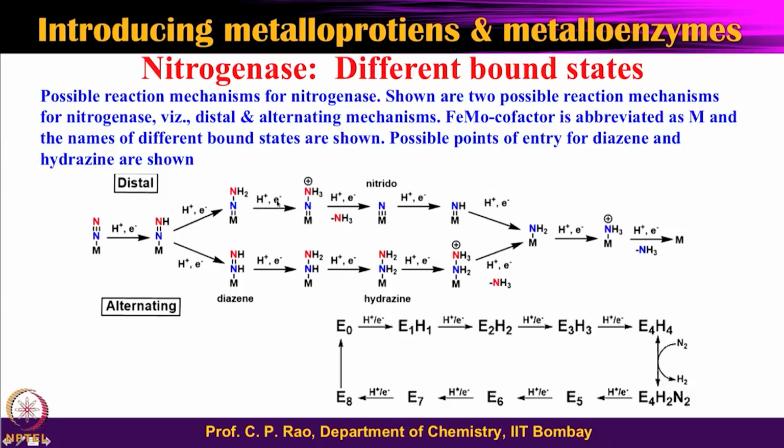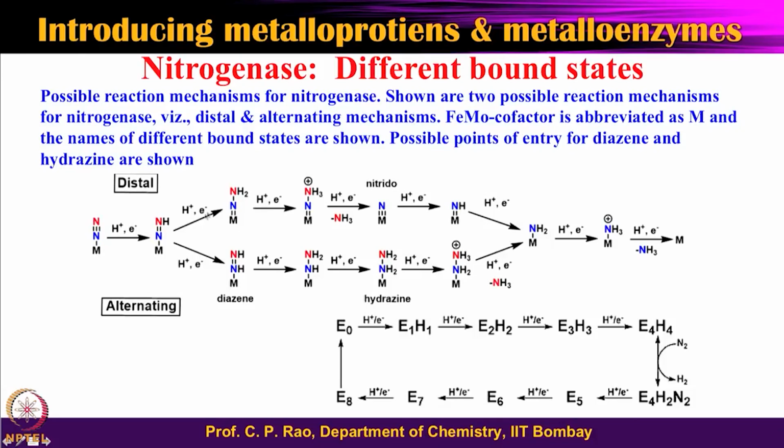Now one more electron and proton will add to this and make NH3, and this NH3 can be lost when the next electron and proton come, as ammonia; that is what is shown as minus ammonia. And now what do you have? M triple bond N, called a metal nitride, or nitrido complex.